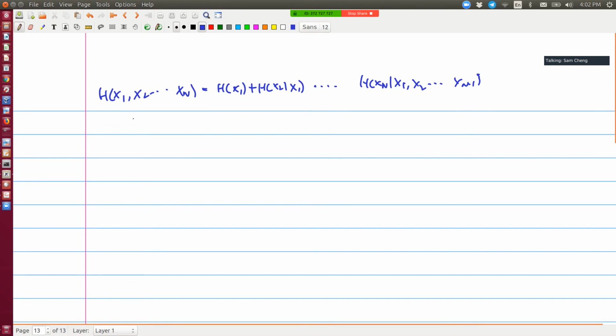What's the amount of information for x1 up to xn? First the amount of information of x1, then knowing x1, the amount of information of x2, then the amount of information of x3 knowing x1 and x2, and so on and so forth. And of course the same holds for differential entropy: I can replace the big H by small h and it will still hold.